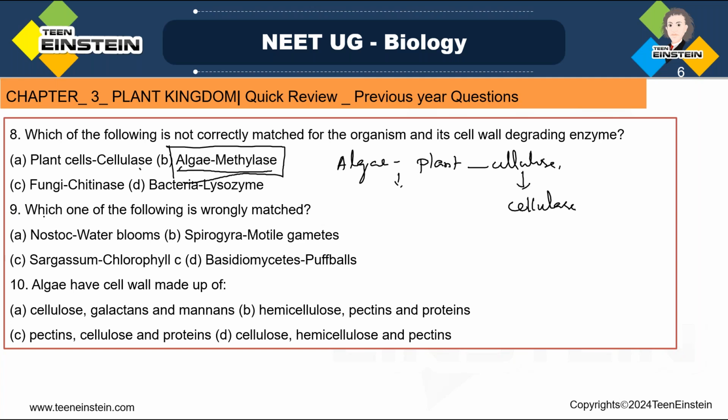Ninth question: which one of the following is wrongly matched? Again, you need to find the wrong matching. Option A, Nostoc, water blooms. Option B, Spirogyra, which is having motile gametes. Option C, Sargassum, chlorophyll C. And option D, Basidiomycetes, puffballs.